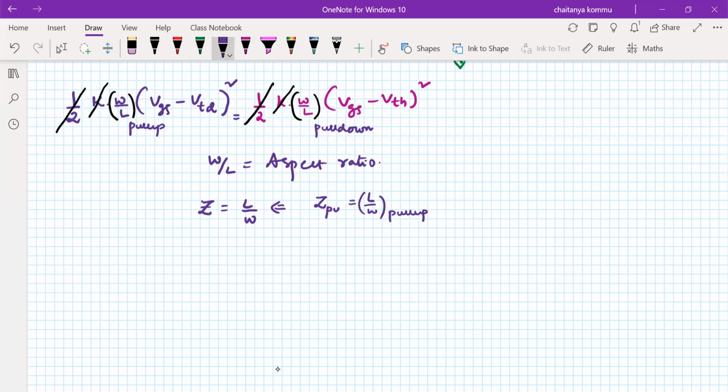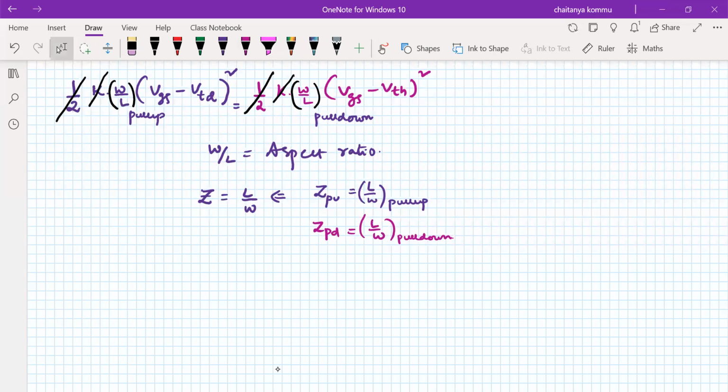Okay, next, ZPD stands for the length to width ratio of the pull down. Right. Now, according to this one, we will modify our circuit. Now, let us do this one.